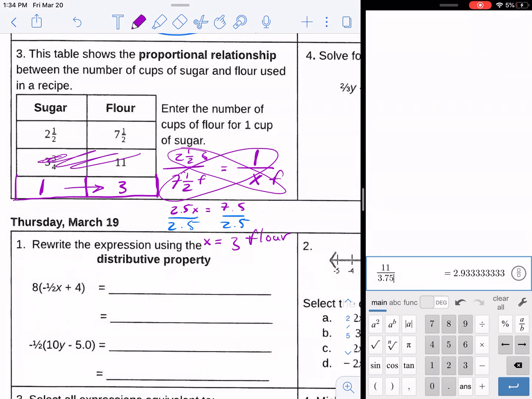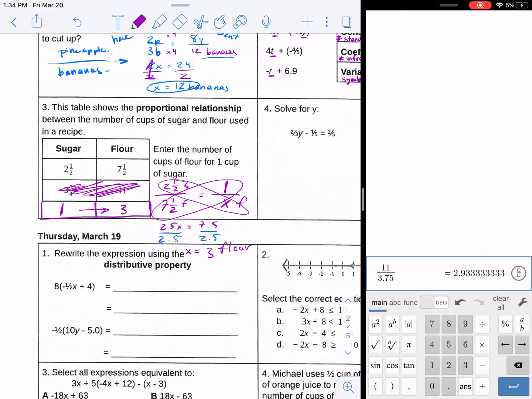Just ignore that one. And it should be 3, because if this was really proportional, then 7.5 divided by 2.5, that's 3.